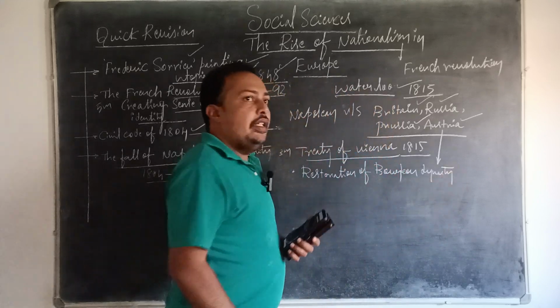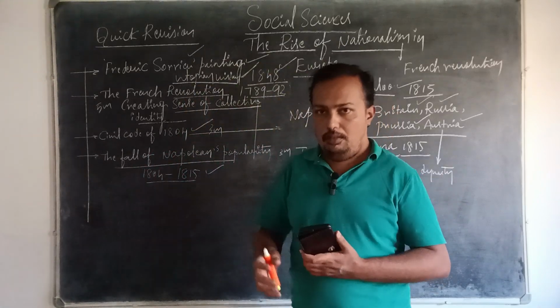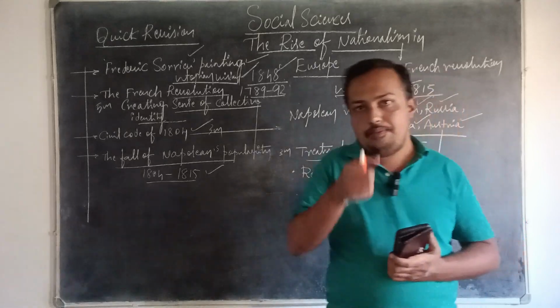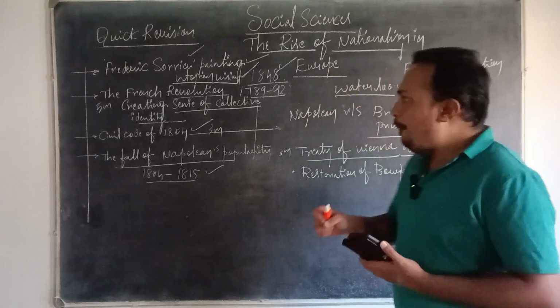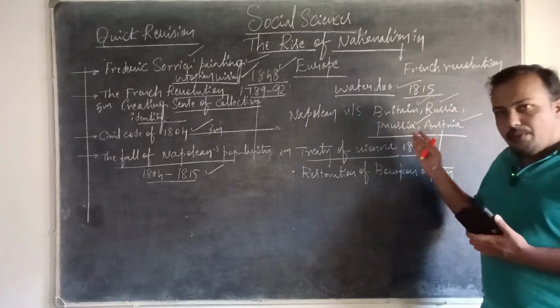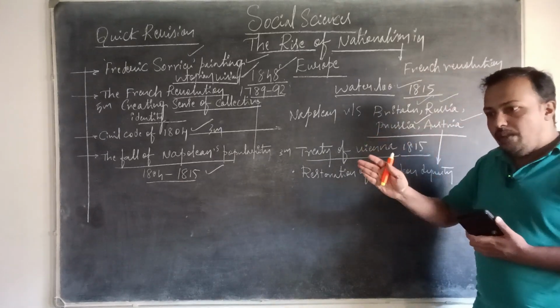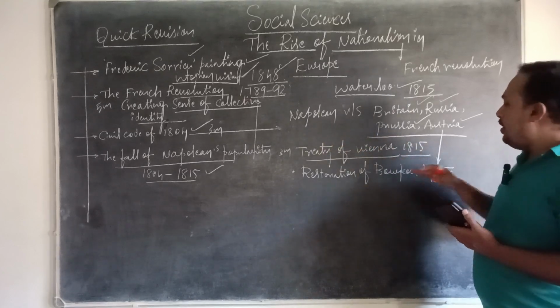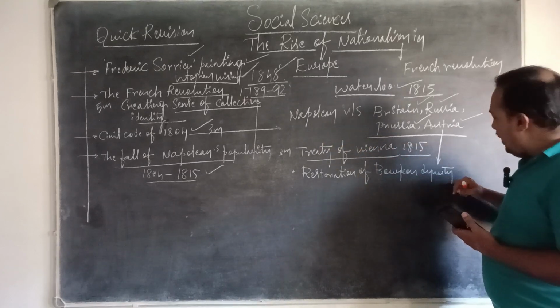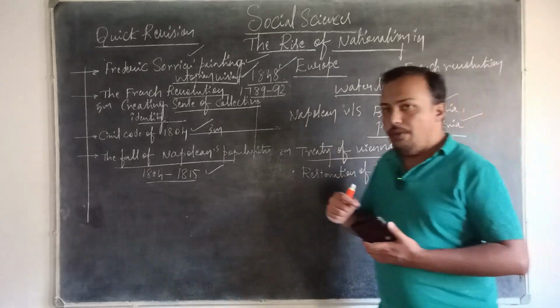You can see the re-establishment of the Bourbon dynasty into power. That is one change. Here you can see the conservatives were coming back to rule after the decline of Napoleon Bonaparte. So restoration of the Bourbon dynasty is the one point which you need to recall.